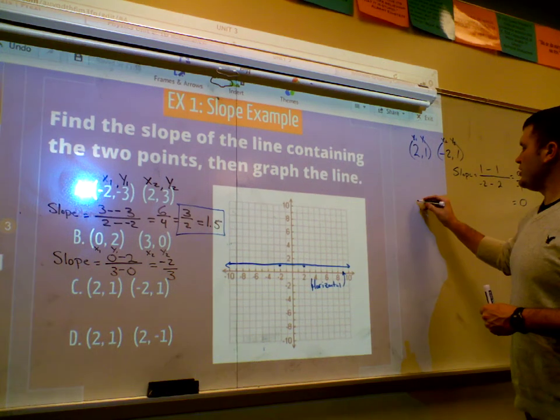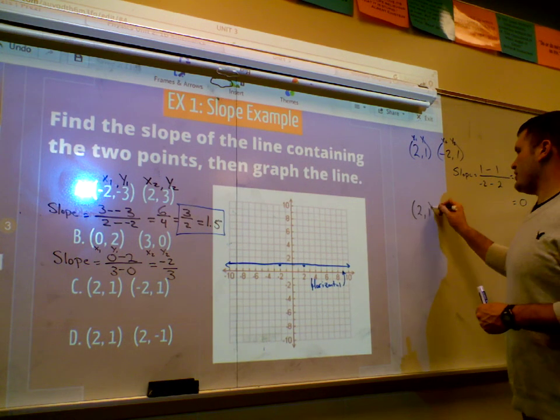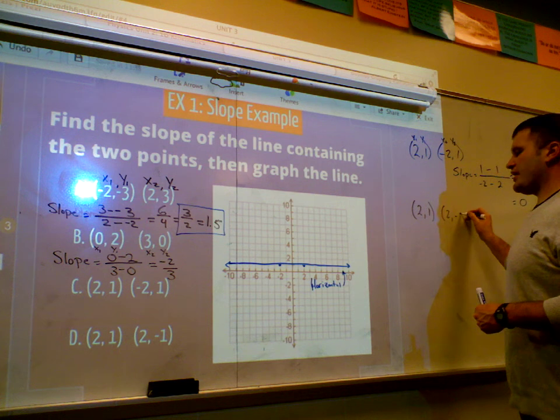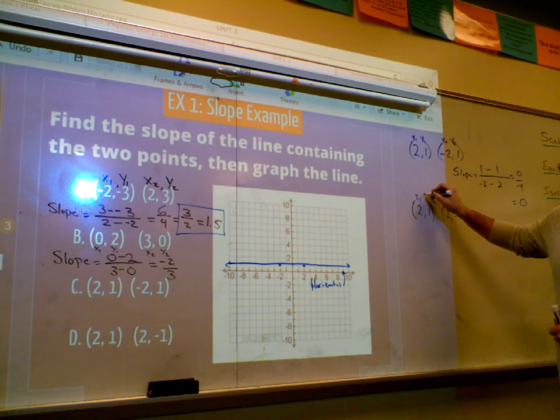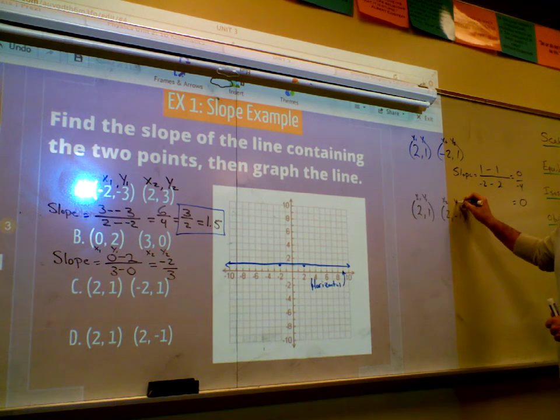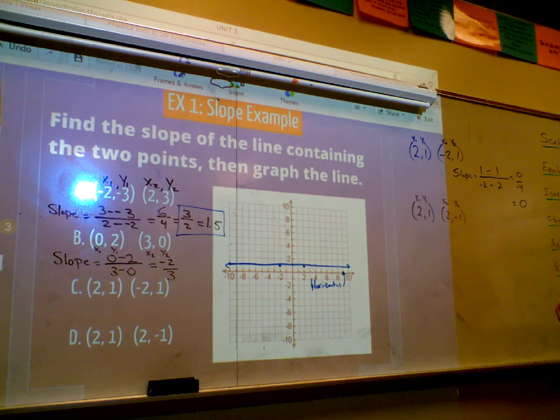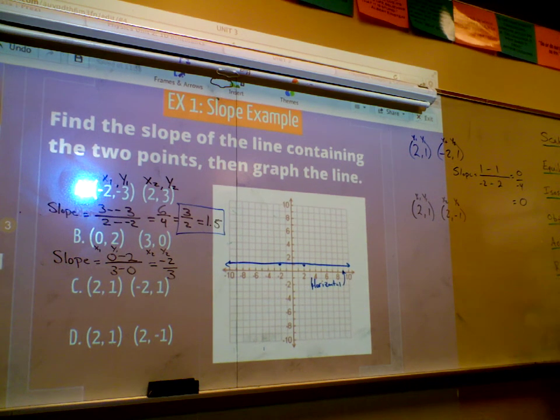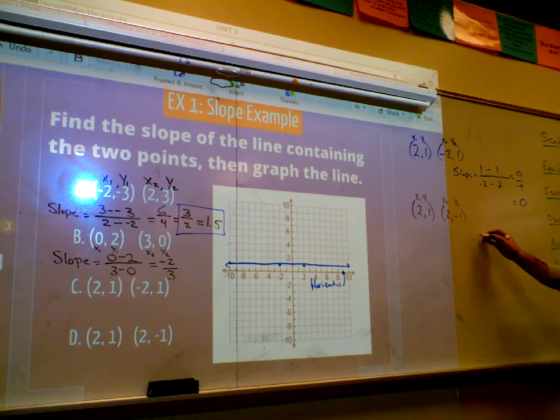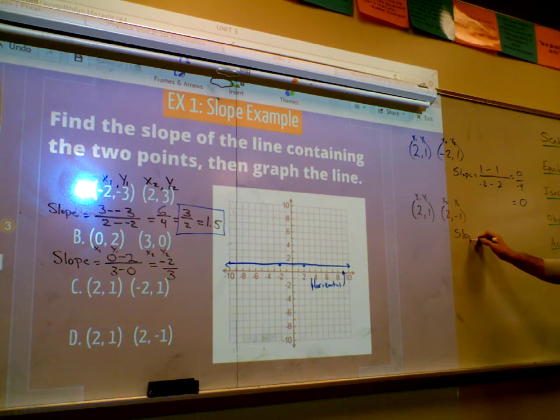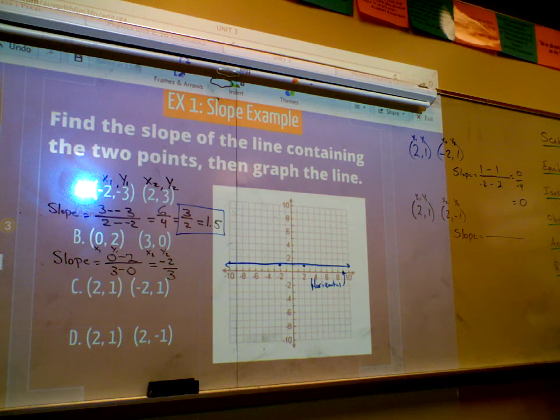The other one was (2, 1) and (2, -1). I'm guessing you did this where 2 is x1, 1 is y1, 2 is x2, -1 is y2. So our slope equals what? -1 minus 1 over 2 minus 2.